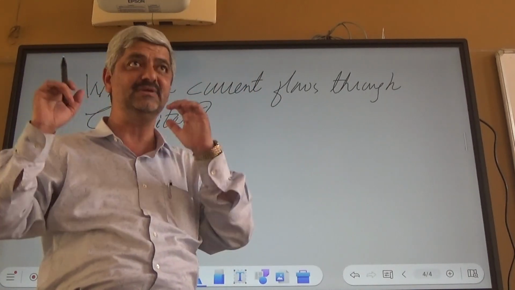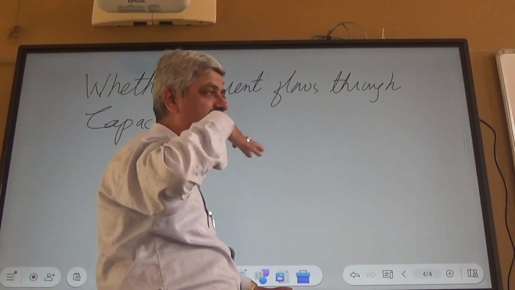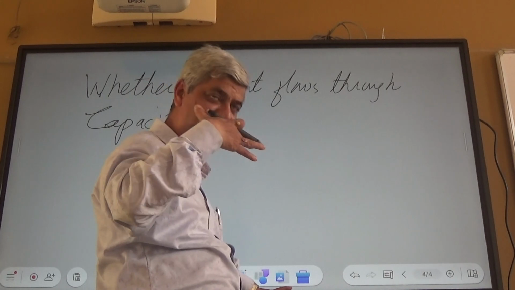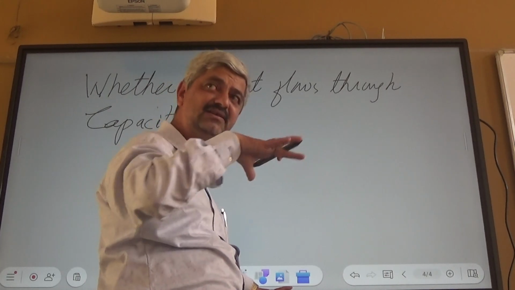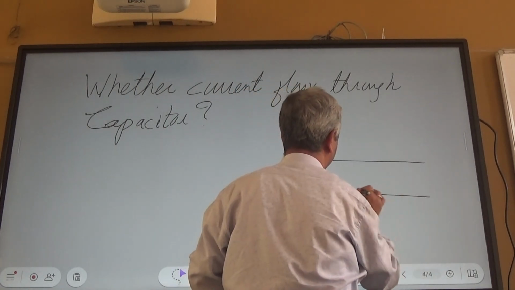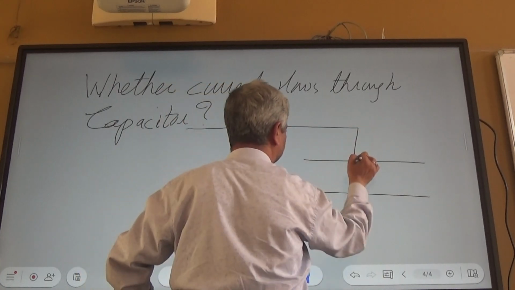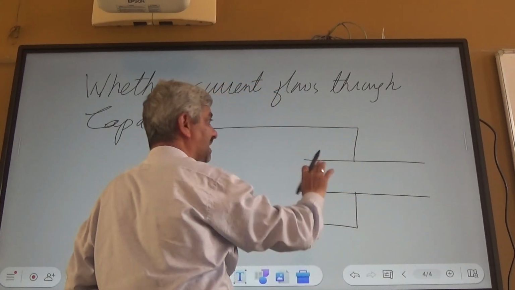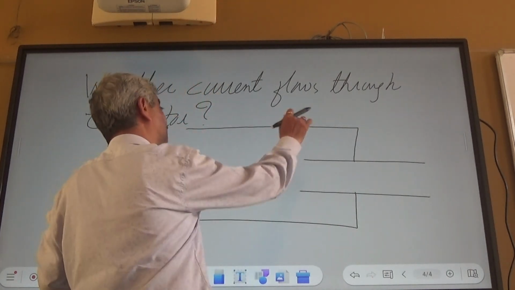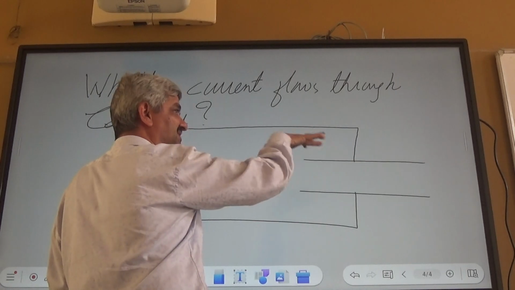The extreme case looks like a mystery: is something happening in vacuum? So when you put a capacitor and now we put DC, after some time it saturates, so no current is there.